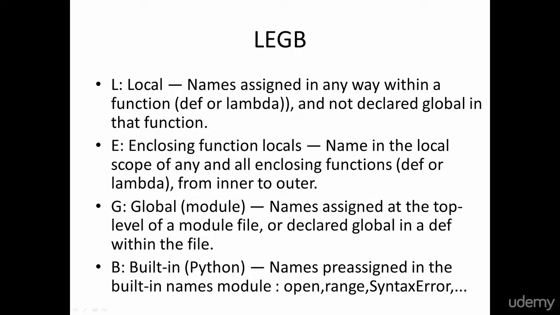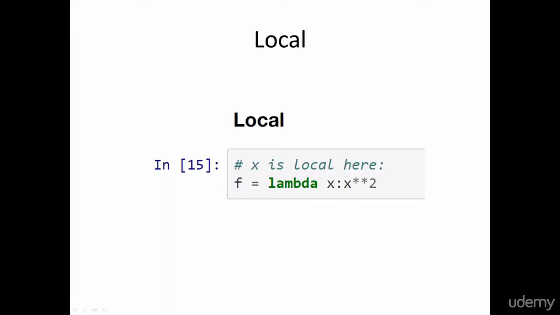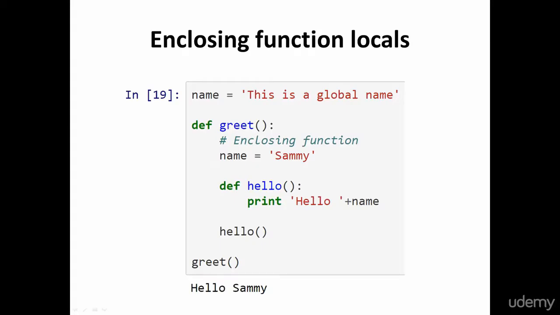Let's go ahead and break down a few examples of all 4 of these. First with local. If you have an expression here, x is local to that lambda expression, or any function. Next, enclosing function locals. This one's a little different. Here I have an example which you've already coded through. I'm assigning name is equal to this is a global name outside of any function.